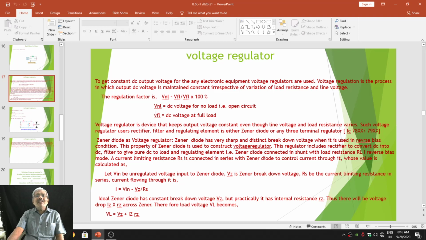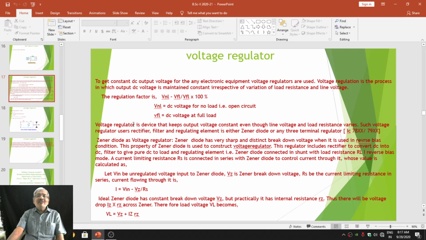Second one is VFL, the V full load. It is the DC voltage measured at full load, meaning at any required load which we connect. For that required load, the voltage measured is called VFL. By measuring these two voltages, VNL minus VFL upon VFL into 100 gives you the voltage regulation factor.